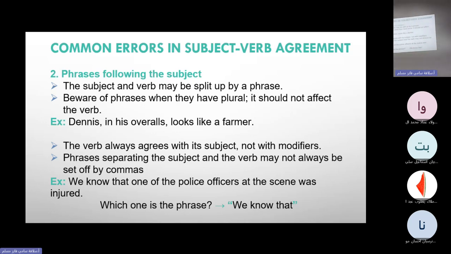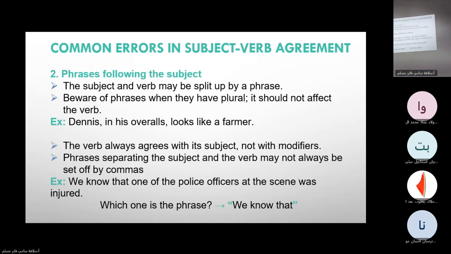Phrases separating the subject and the verb may not always be set off by commas. Look here, when we put the interrupting phrase between the subject and the verb, that's why we put commas in it, and it's clear that it is something additional.